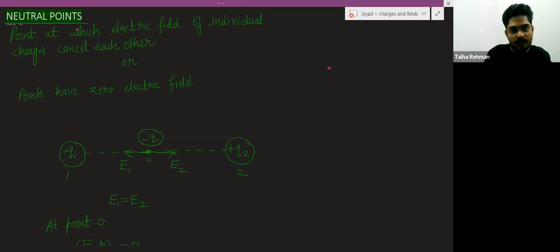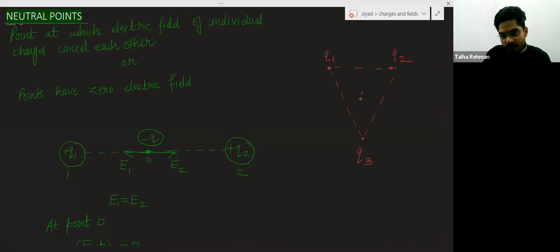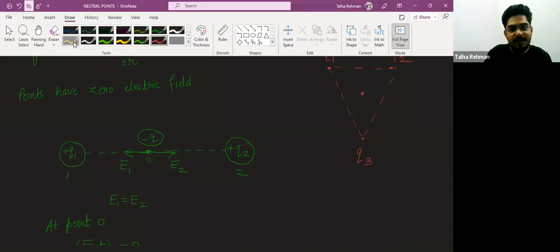one charge Q1 is there, another charge Q2, and another charge Q3. Three charges are there. What is the meaning of the neutral point? If this is the neutral point, then at this neutral point the value of the electric field will be 0.